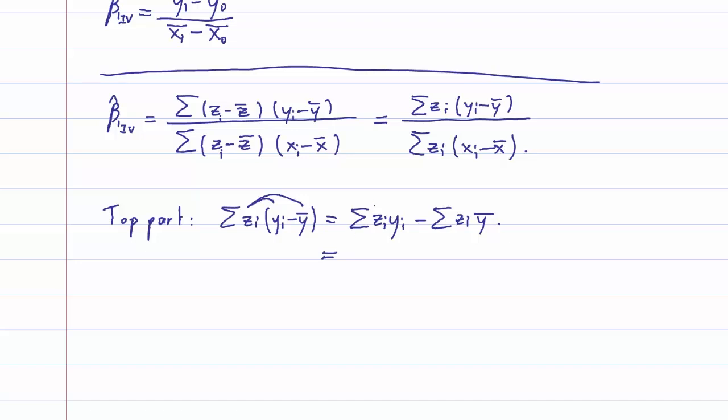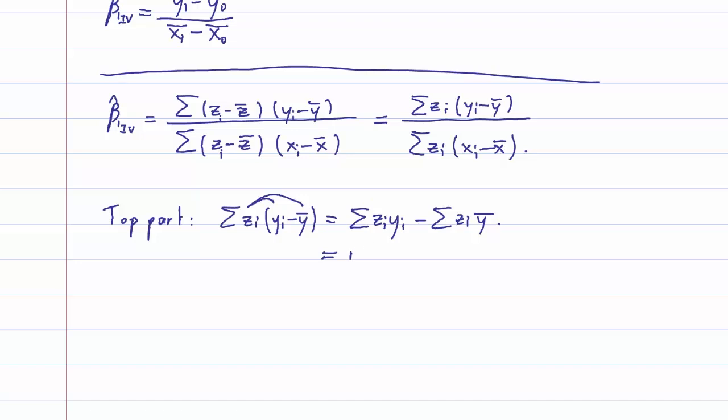For the group where zi equals 1, we have 1 times yi, which is just yi. So what we have here is just the sum of the yi for the treatment group, the group where z equals 1. What is the sum of the yi for this treatment group?